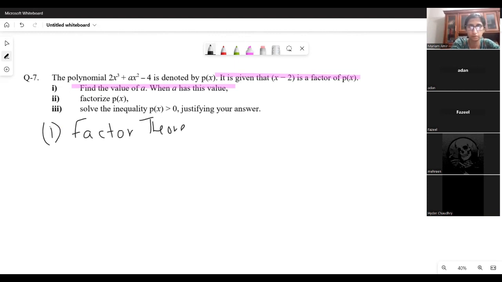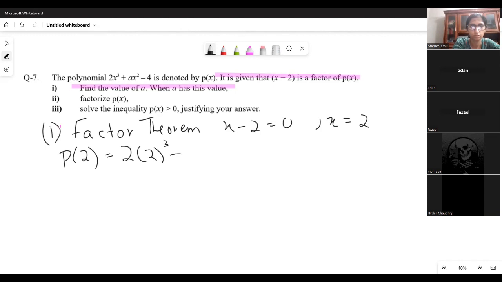We will equate x minus 2 to 0, then we will substitute x equals 2 into the polynomial. Yes, so p(2), and what should the answer be equal to? 0. Very good. Answer should be equal to 0.